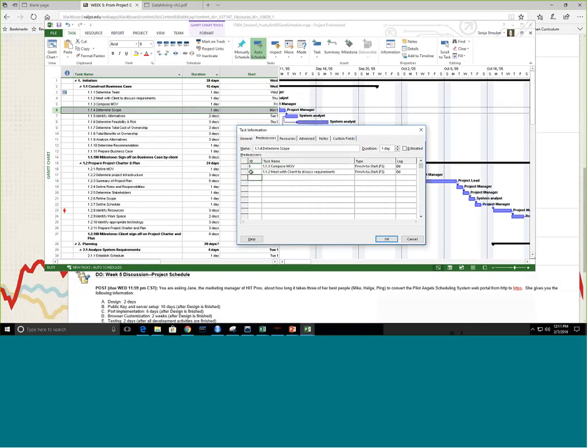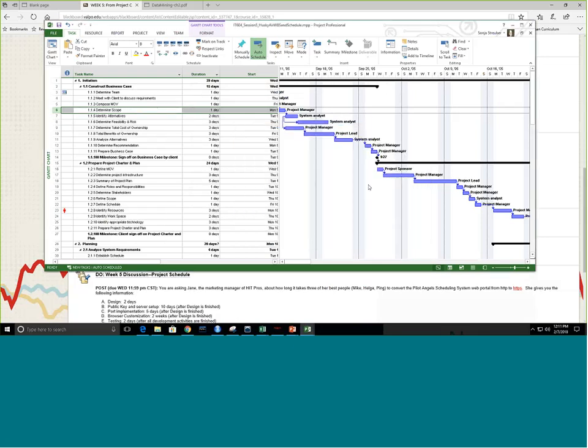As you see, I've just typed the 4 in here, and that does this here, right? And then what you also see is that there is a new arrow here that points from this task to the next.